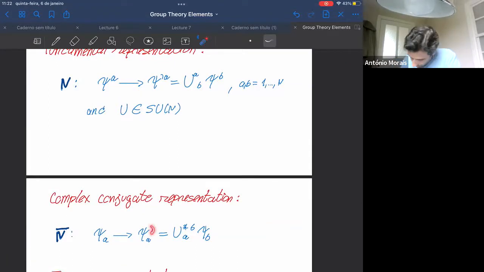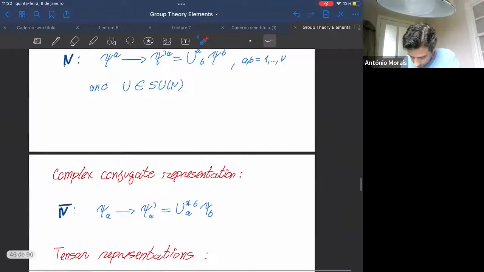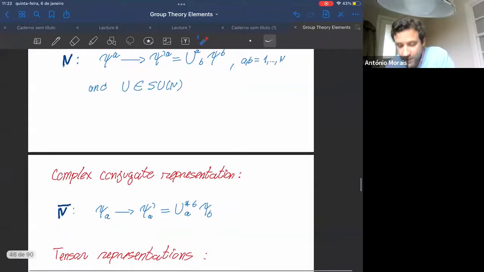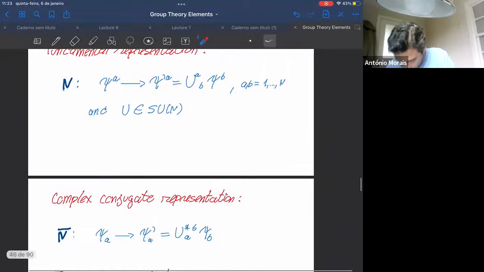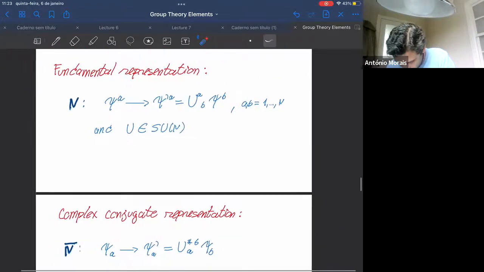This transforms in a very similar way, but now we have the complex elements of this matrix, and also the B is here below. This is so far the fundamental representation and the complex conjugate representation.